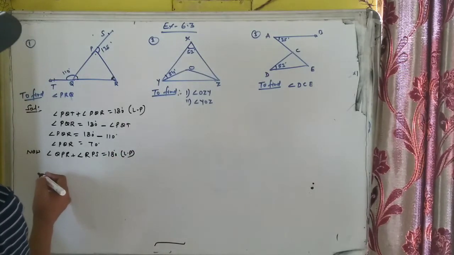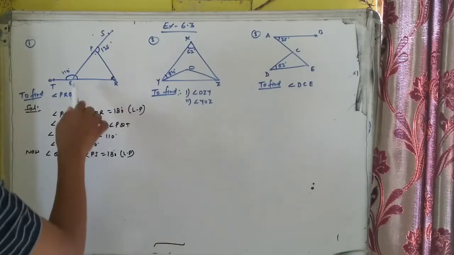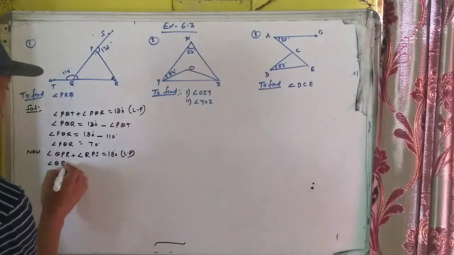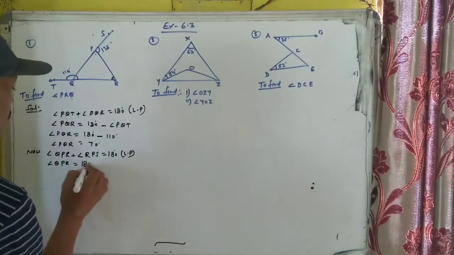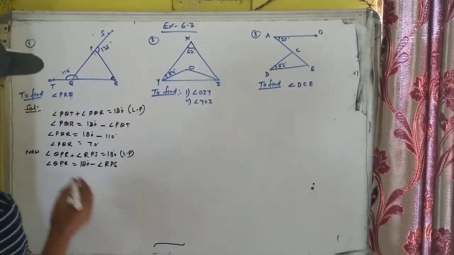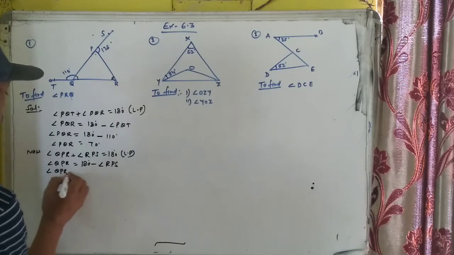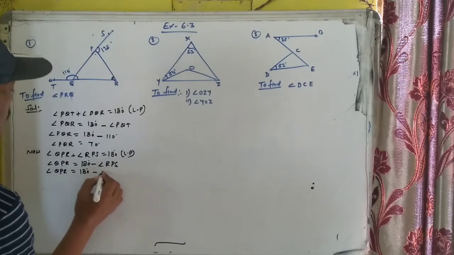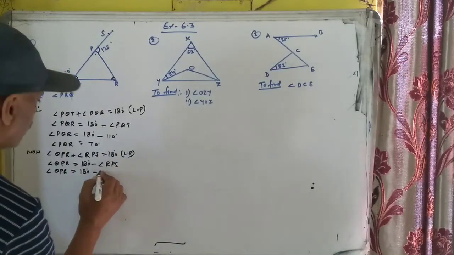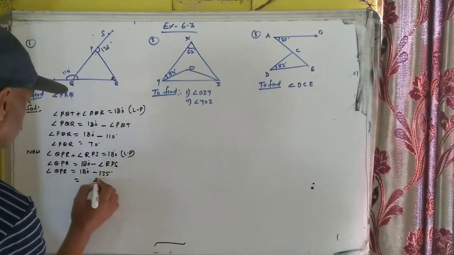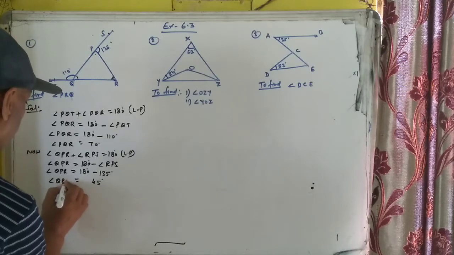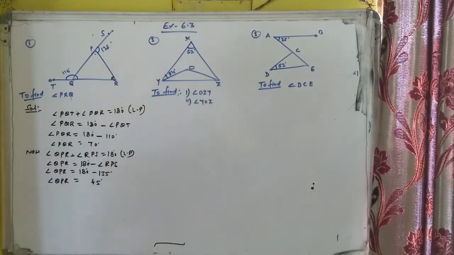Okay, the QPR, this one, angle QPR equal to 180 minus angle RPS. So put the value: QPR equal to 180 minus 135. So this is 45. We get the value of QPR is 45.